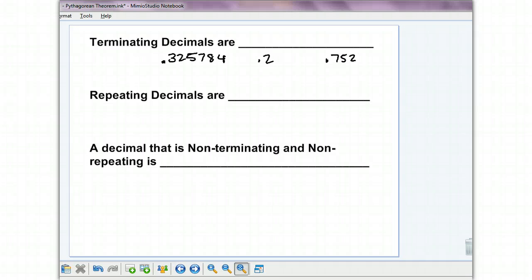Terminating decimals, ones that end, are rational. And this has to do with place value. You can make 0.2 into 2/10ths because it's in the 10th position. Or 0.752, that's 752 thousandths. And again, it's tenths, hundredths, thousandths place. So it's 752 over 1,000.